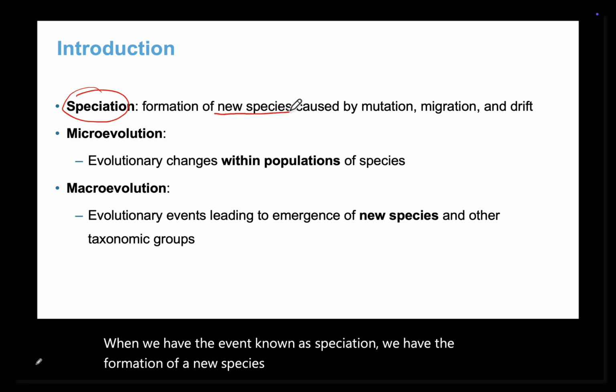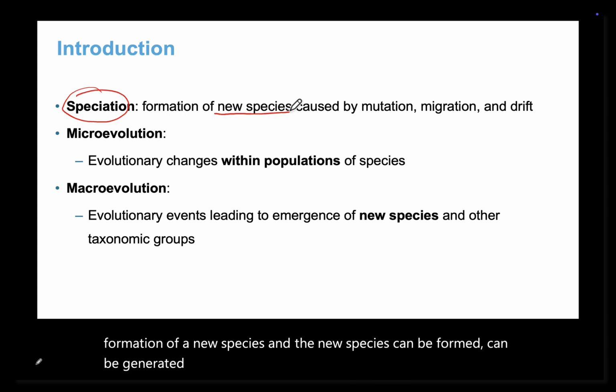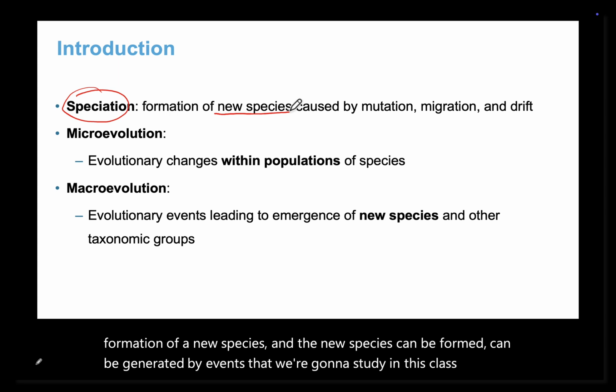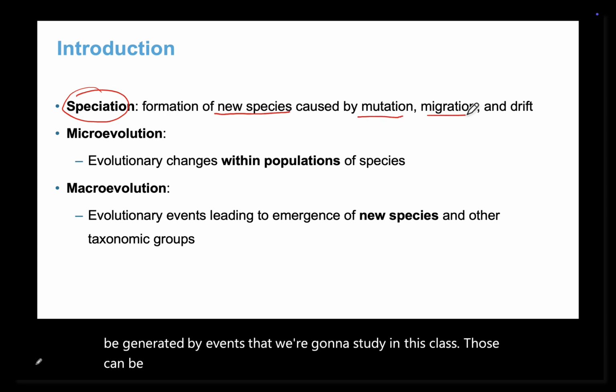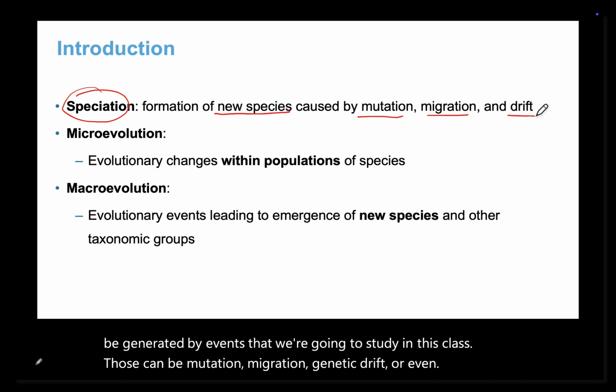And that new species can be generated by events that we are going to study in this class. Those can be mutation, migration, genetic drift, or even natural selection.